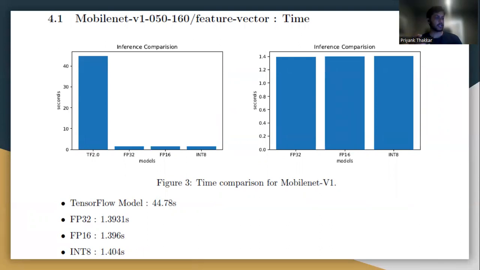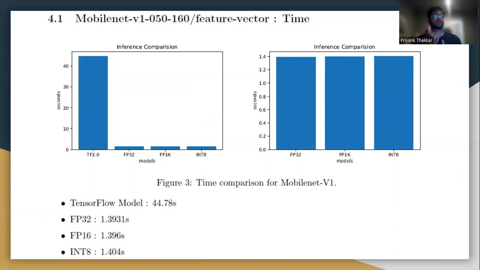The thing is, integer 8 should be significantly lower than FP16 and FP32. But over here, as we can see, integer 8 is higher than FP32 and FP16. The reason is, I don't know why. It does change, but it's significantly near FP32 and FP16, almost the same.